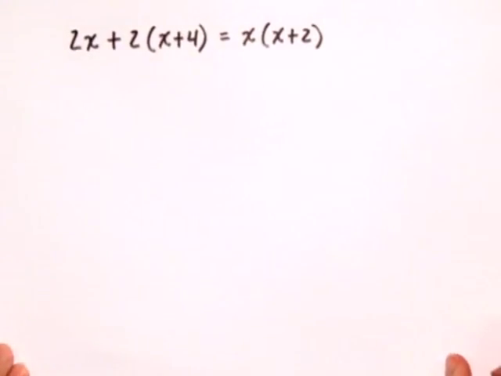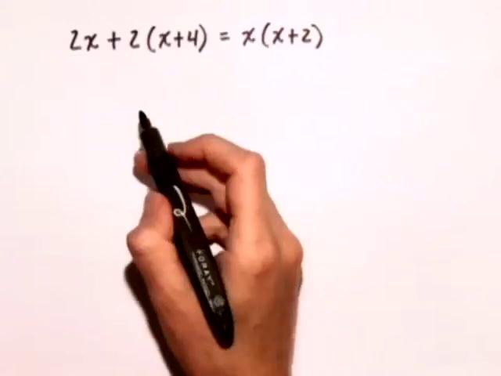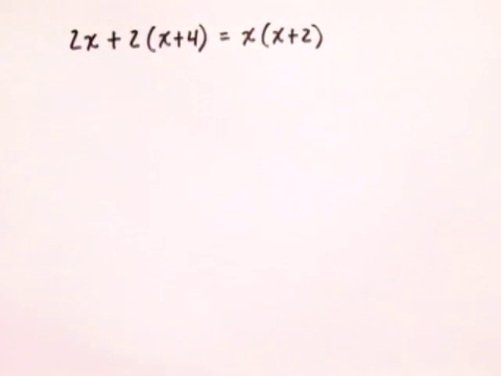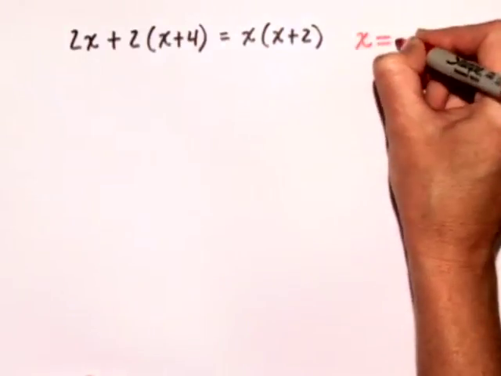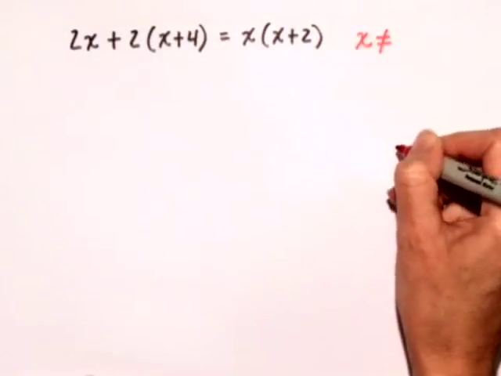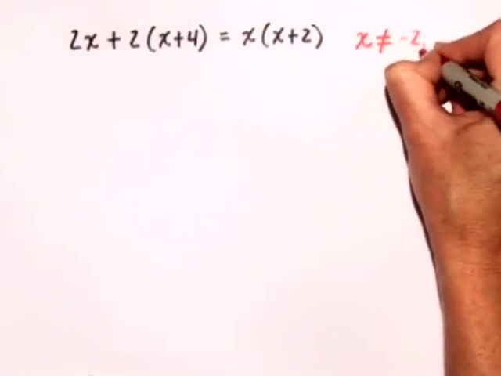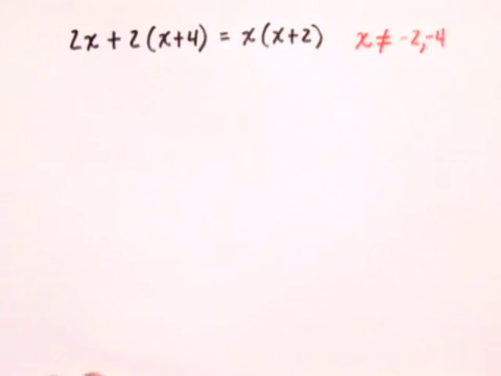So here's our equation. 2x plus 2 times the quantity x plus 4 equals x times the quantity x plus 2. And remember, just as a reminder, we decided in our first step that x could not be equal to negative 2 or negative 4.